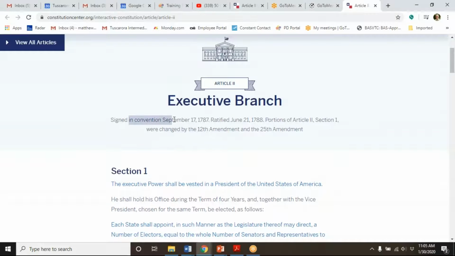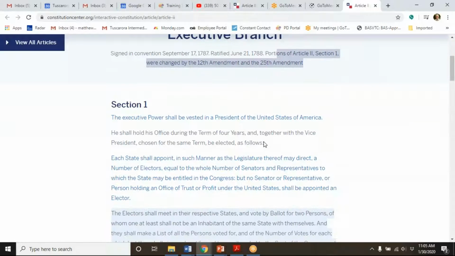This was signed in convention on September 17th, 1787, ratified in 1788. Portions of Article 2, Section 1 were changed by the 12th Amendment and the 25th Amendment. So this just gives you a heads up. What I want you to see is that this primary source, the Constitution of the United States, is not something to be afraid of.